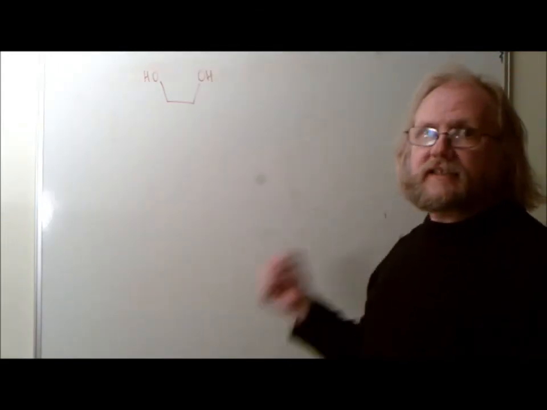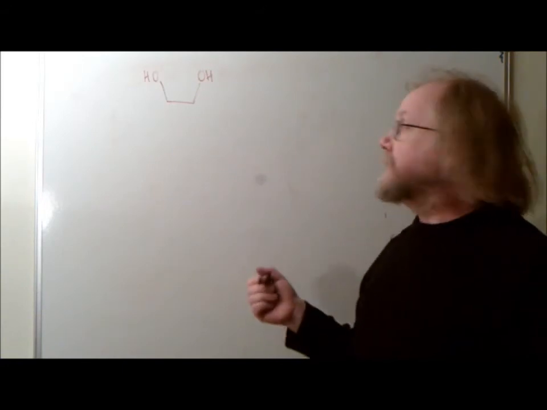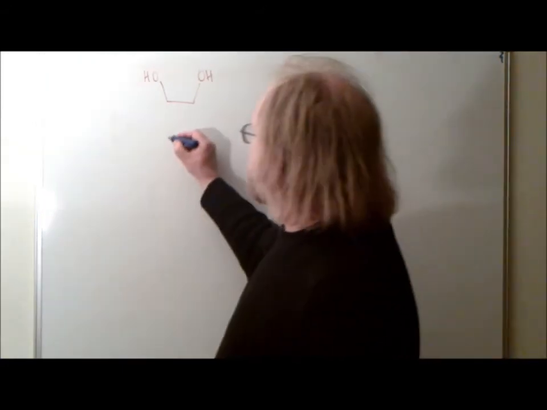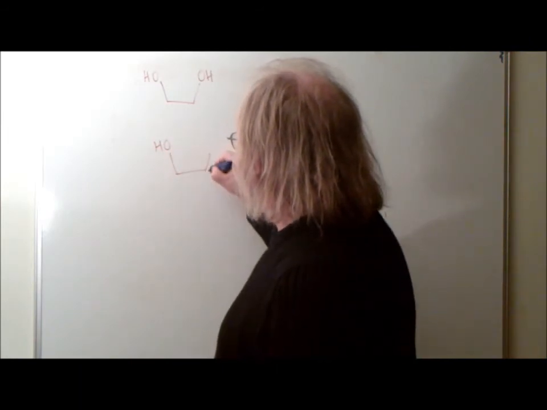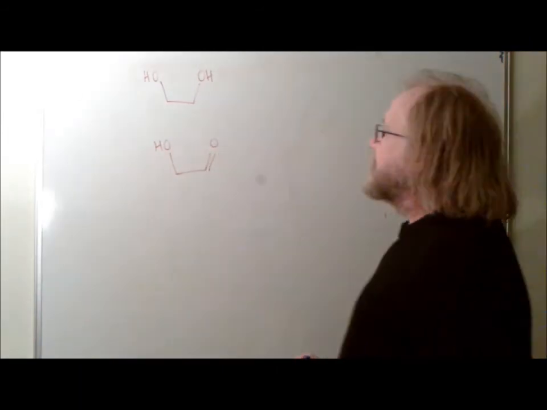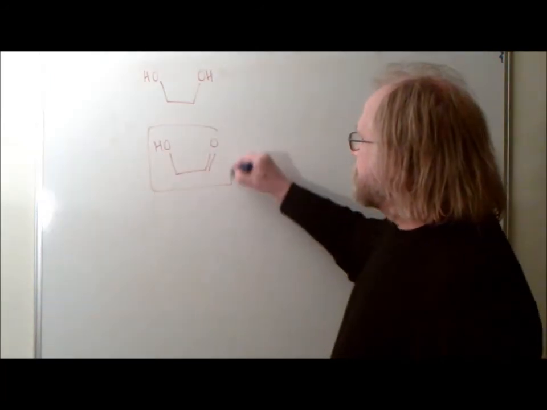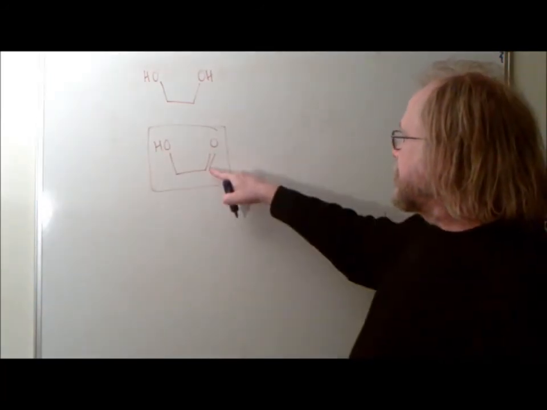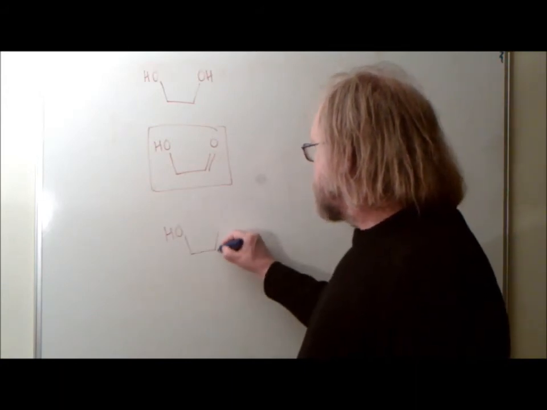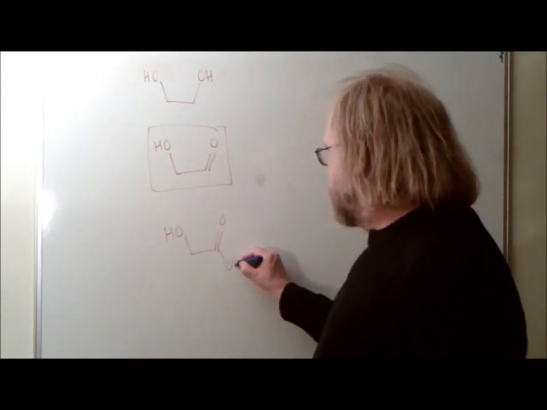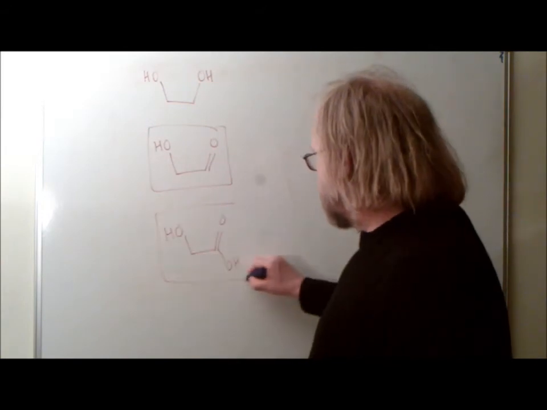But then you just say, right, let's start by oxidizing one end of the molecule. So the first product of oxidation would be to say, right, let's keep this end the same, but we'll oxidize that one to the aldehyde, so there's one of your possible products. Or we could oxidize that through all the way to the carboxylic acid, and there's the second possible product.